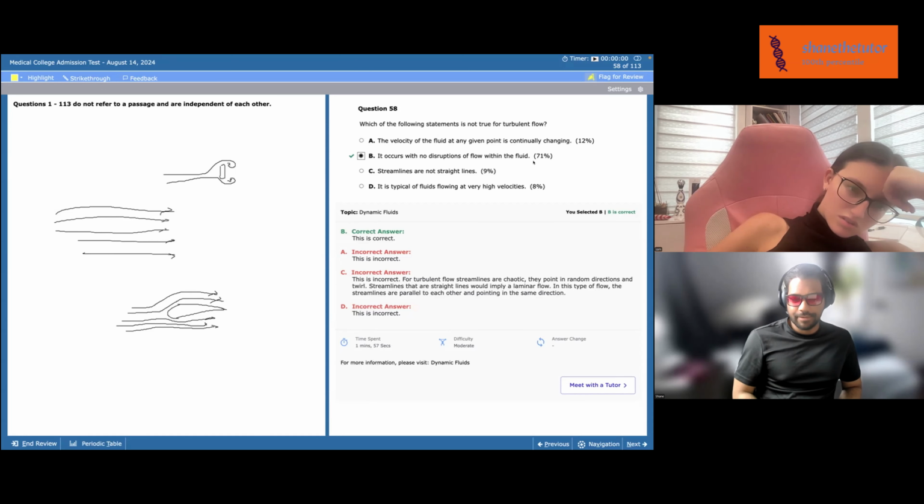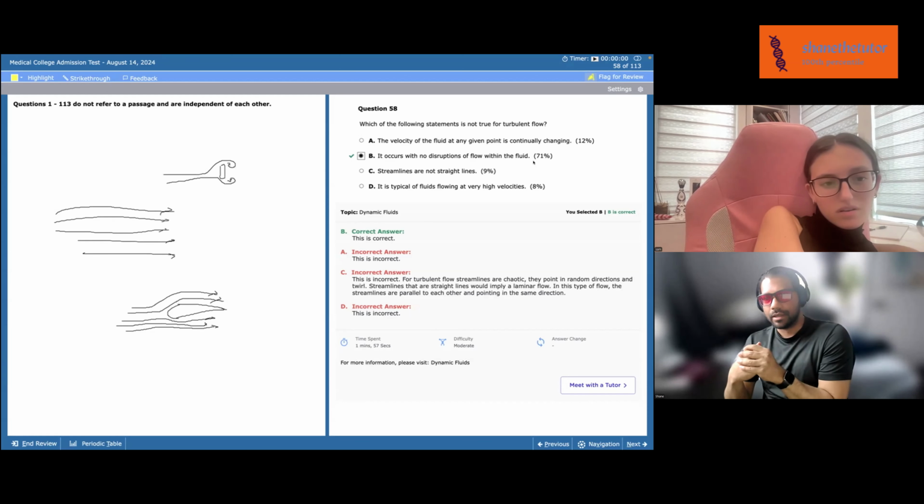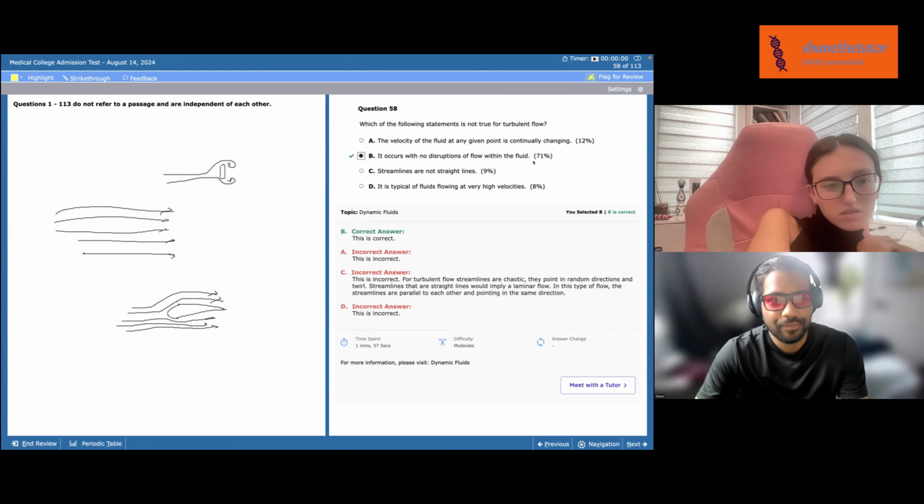That's turbulent flow. It's no longer going in that straight line. And when we talked about taking someone's blood pressure, that's what you do. When you compress it, you create turbulence and then you can hear the thing. Yeah.